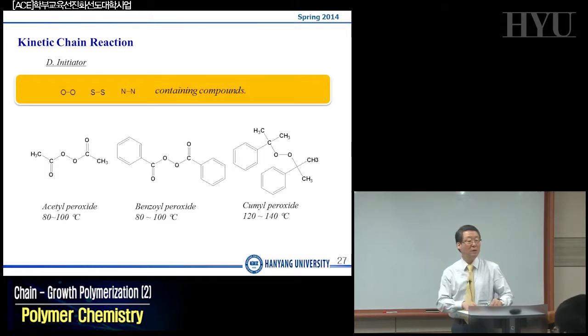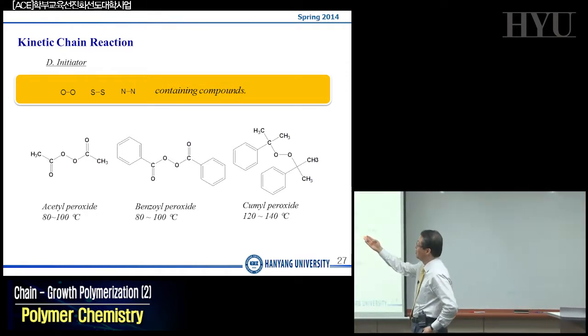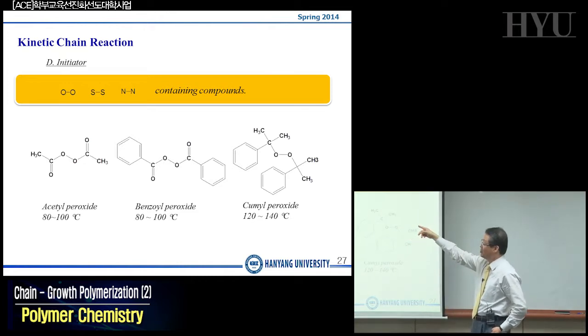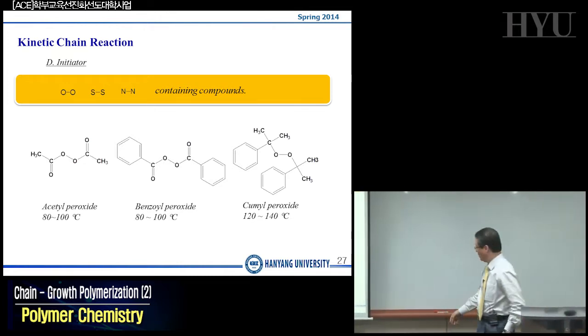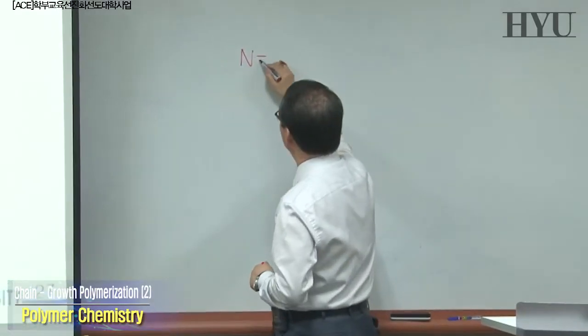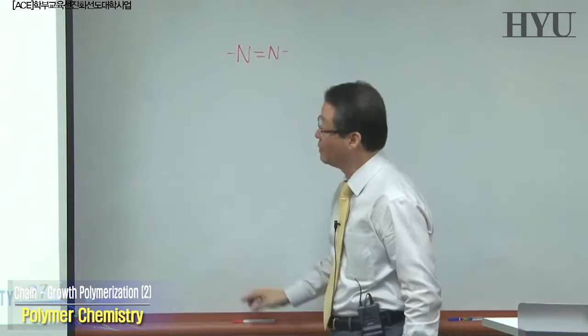Now, what is the type of the initiator that we are using? Usually, initiators contain OO, peroxide, persulfide, and azo groups. Okay, azo group. It is not just N-N, but should contain N double bond N. Azo groups instead of N-N.